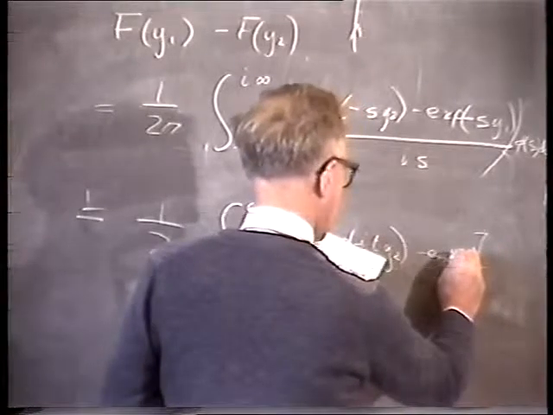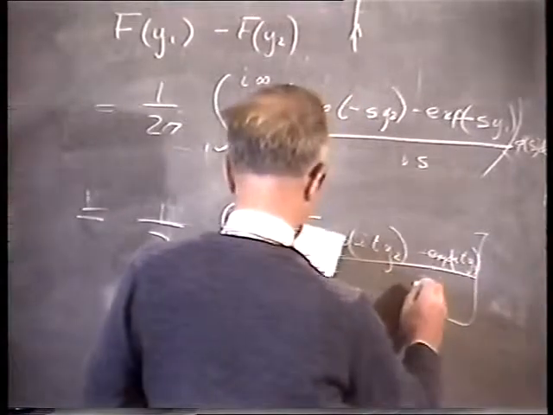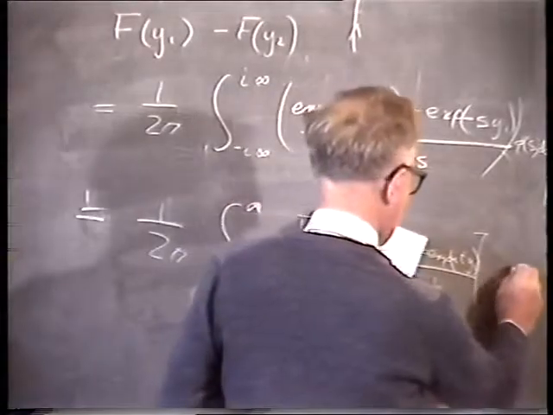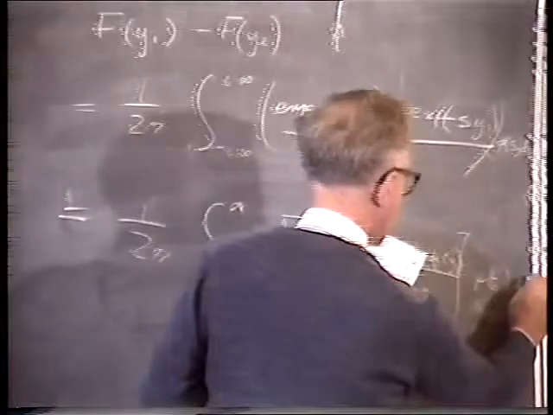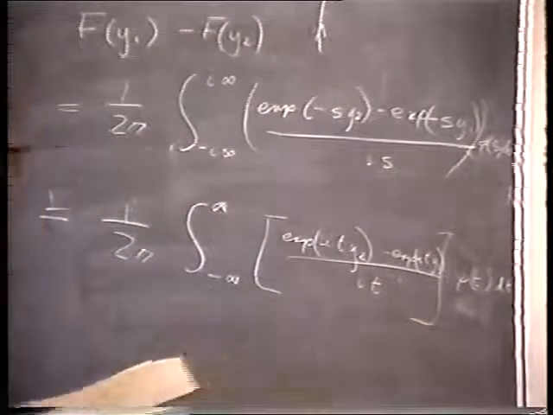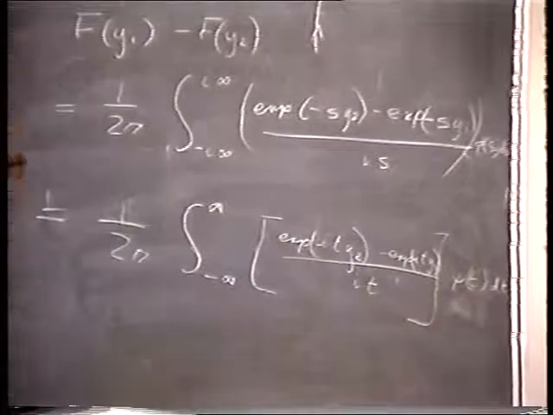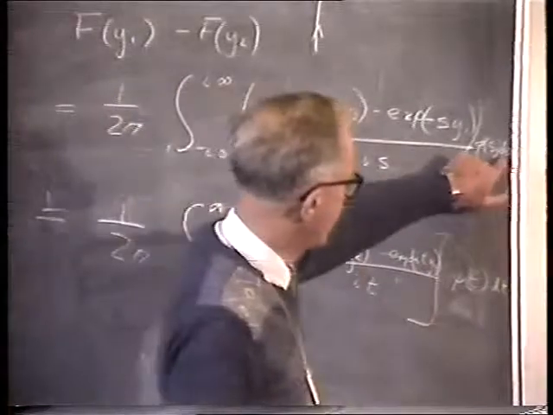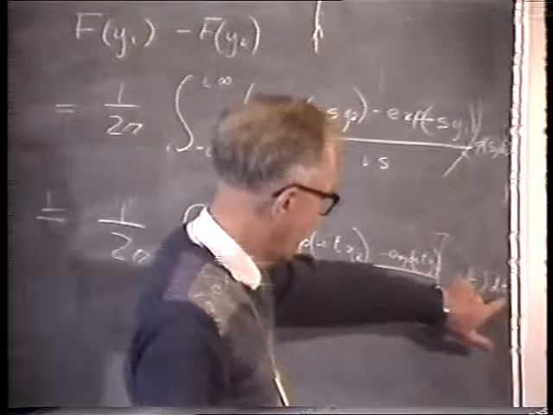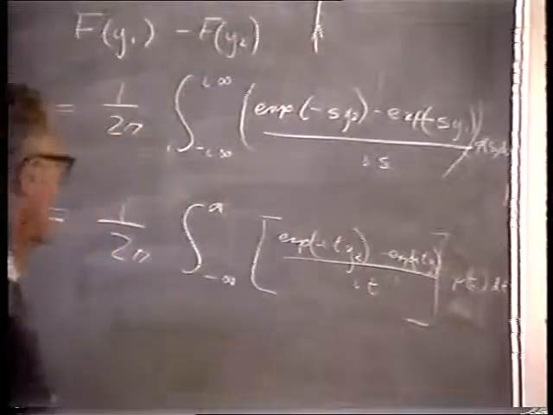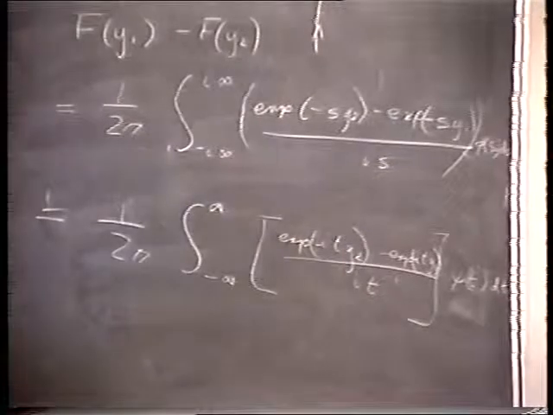This is because when we replace ds by i dt, we get another i, which ensures that we don't cancel out our previous i.